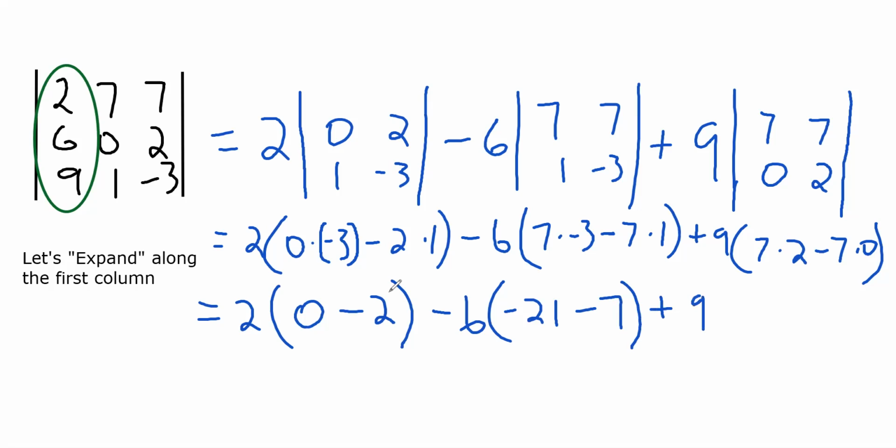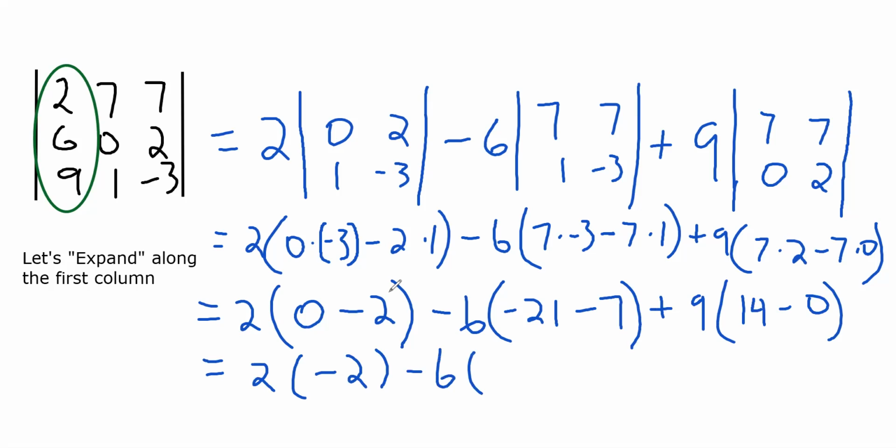Plus 9 times 7 times 2 is 14, minus 7 times 0, well, that's just minus 0. So we simplify a little bit, minus 6 times negative 21 minus 7, which is just negative 28, and we can't do a lot about that. So these determinants are usually going to come out being fairly large numbers.